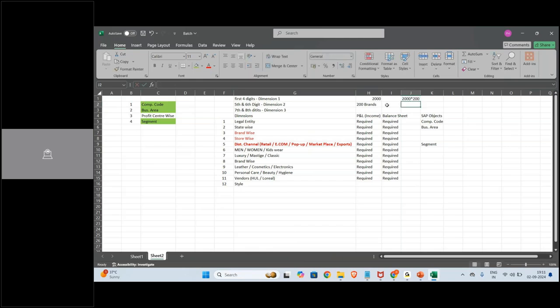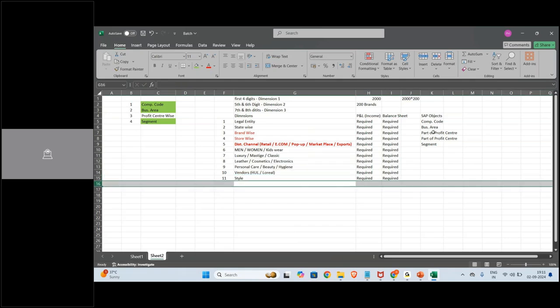Let's say I am mapping store and brand as part of profit center. Okay, menswear, women's wear, or let us say brand is already there. Now imagine I have 1500 brands.